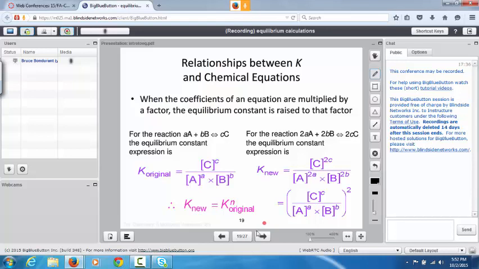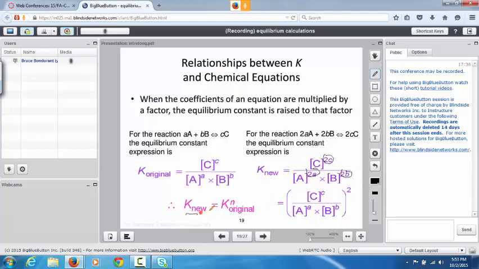Now if you're multiplying a reaction, notice what's happening here. I have K original equals C to the C over A to the A times B to the B. Now if I multiply through that entire reaction by 2, now my coefficients are doubled, which means it's 2 times the power. So C to the 2C over A to the 2A times B to the 2B, which is, of course, if you move that 2 out, squared.